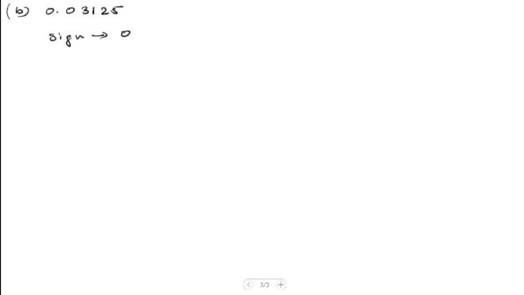Then we convert the integer part and the fractional part. So the integer part here is 0, and we don't need to convert a 0 because it will be 0 at the end, right? And then the fractional part here is 0.03125.